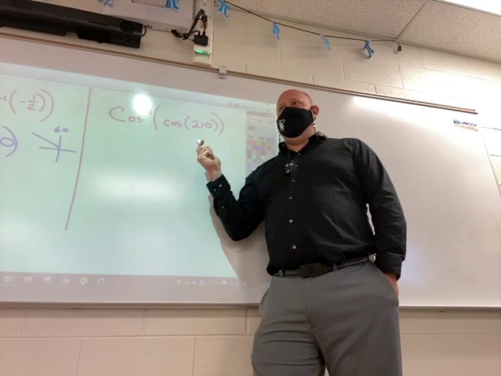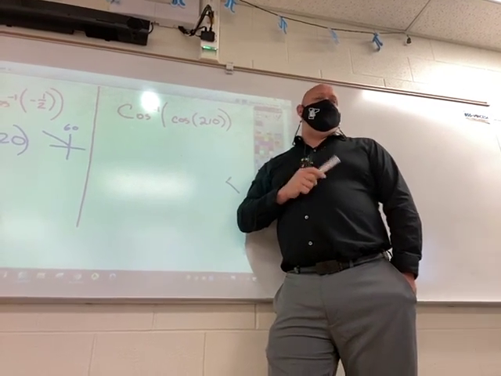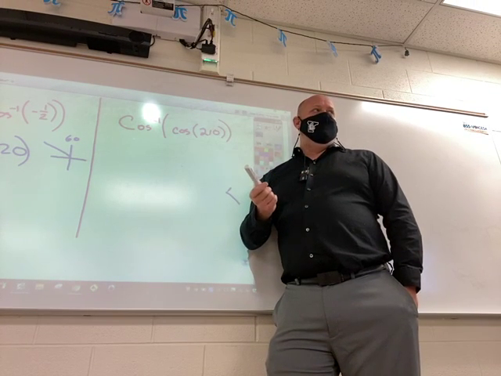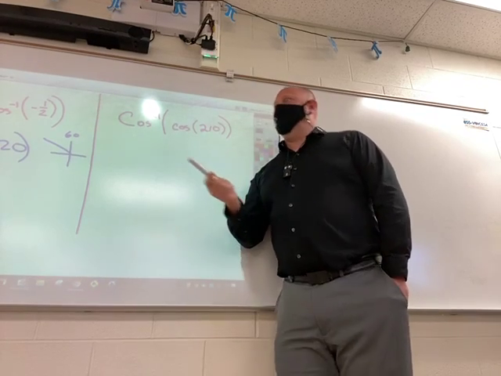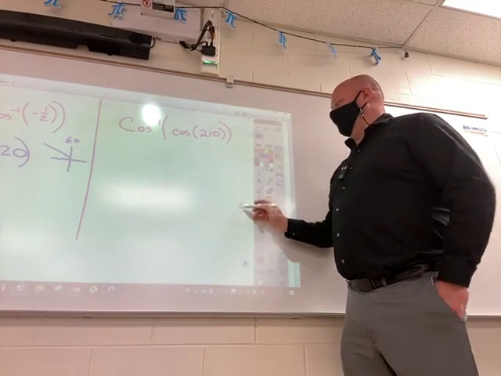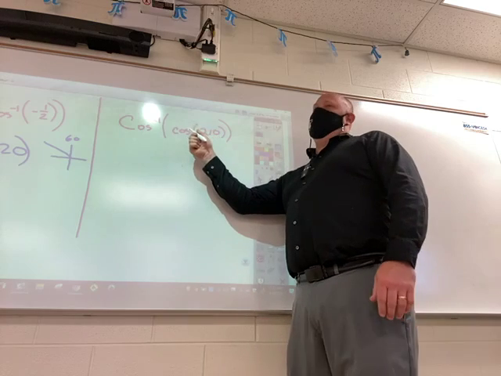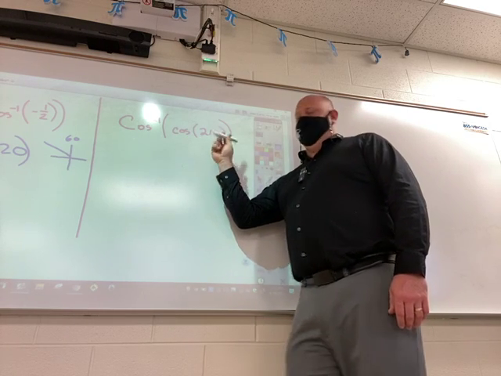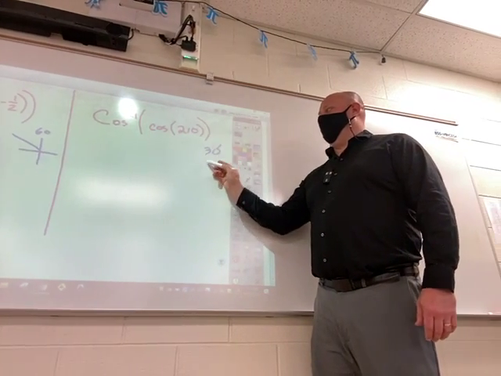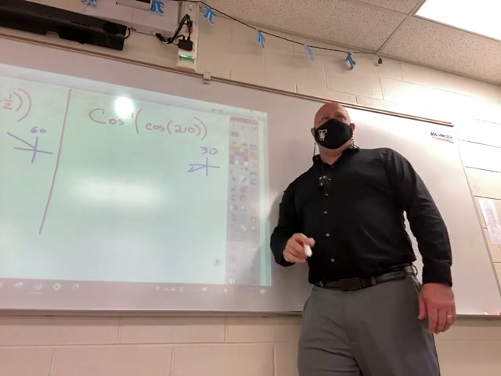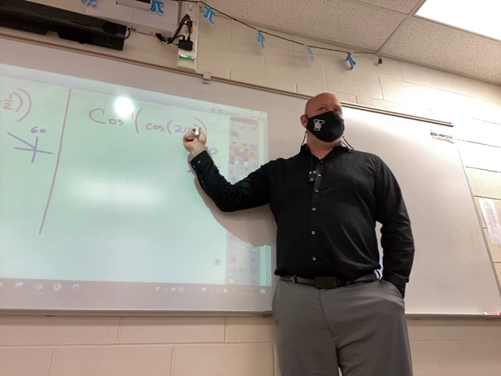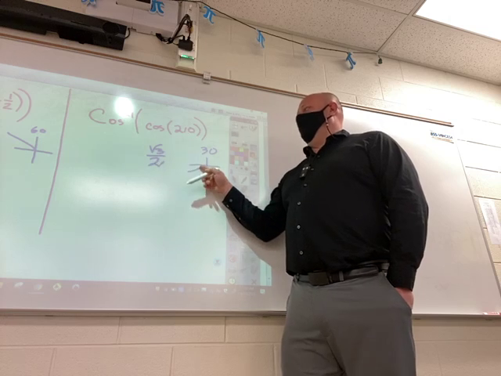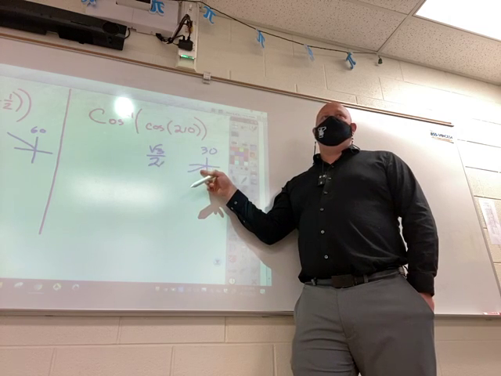It can't be. So sometimes what ends up happening is you jump quadrants. The reference angle should stay the same, but we're going to end up jumping quadrants. So for these, I would say just solve them from the inside out. What is the cosine of 210? What's my reference angle? 30. So that's a 30-degree angle in the third quadrant, right? What's cosine of 30? Square root of 3 over 2. Third quadrant cosine is negative.